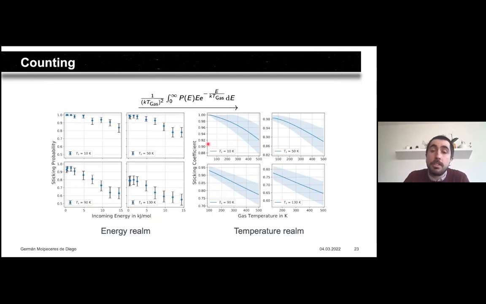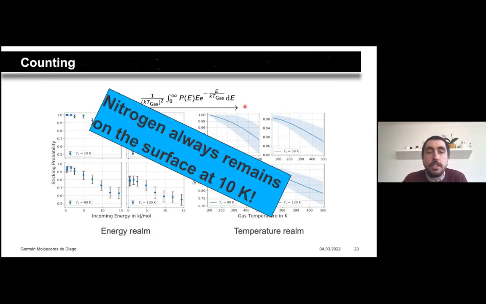If we go to the temperature realm, which is what astronomers like to use in their models, we observe that at the temperatures that are common for gases and surfaces in molecular clouds, most of the nitrogen atoms stick to the surface, thus confirming that nitrogen always remains on the surface at 10 Kelvin.